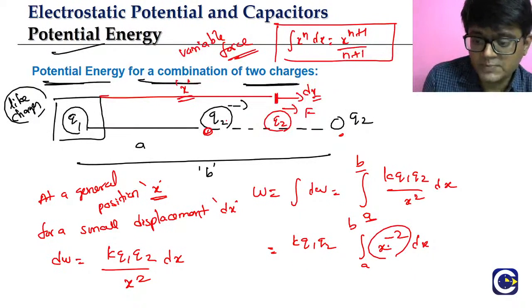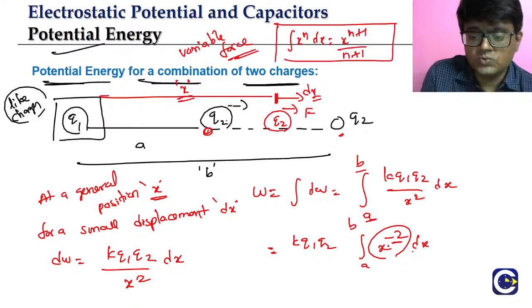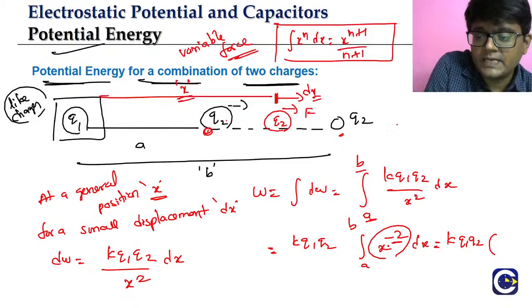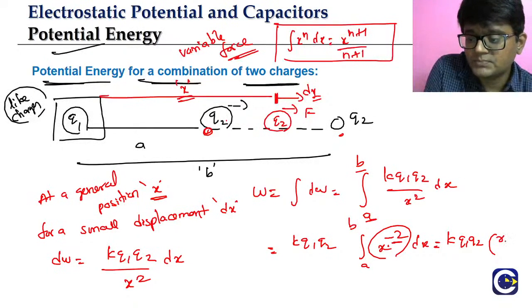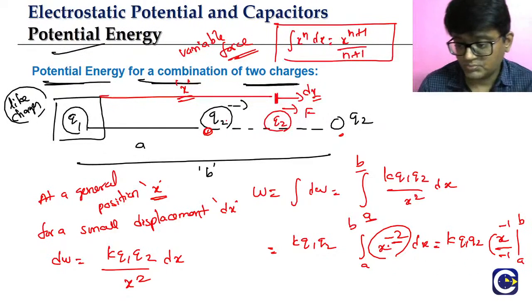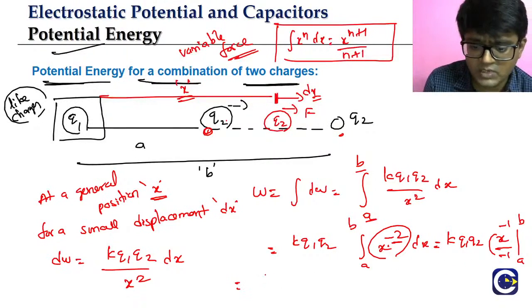So இது எப்படி இருக்கு? x power n dx தானா? n is minus 2. So K q1 q2 x power n plus 1 தானா? n plus 1 means what? x power minus 2 plus 1 means minus 1. Divide by minus 1. இது என்ன தெரியுமா? நம்ம லிமிட் substitute பண்ணணும். Initial limit is A, final limit is B. Okay. So totally பாத்தீங்கன்னா what is it?